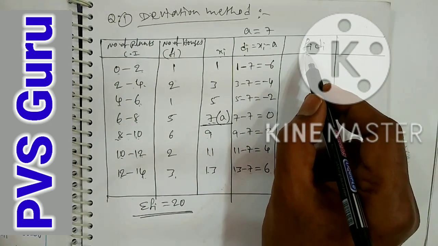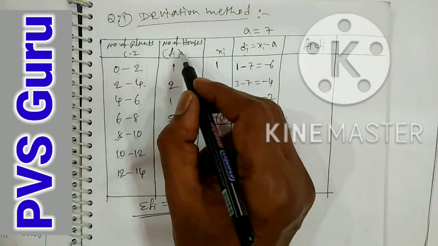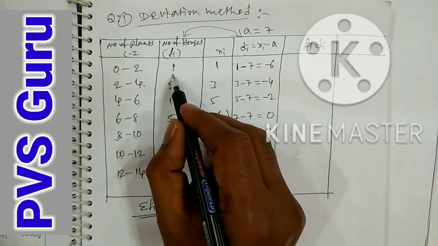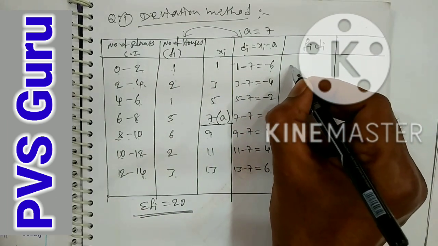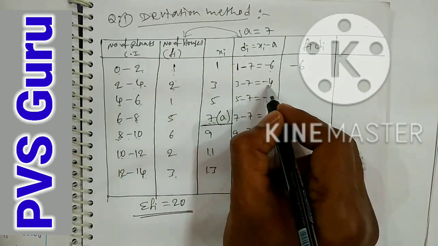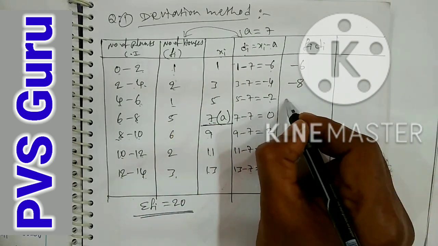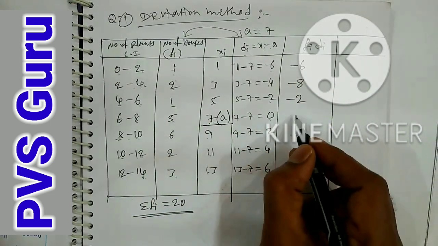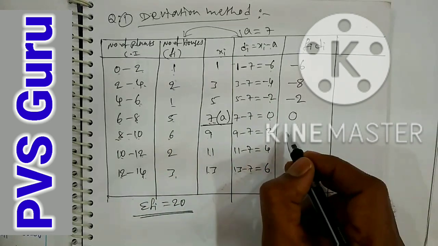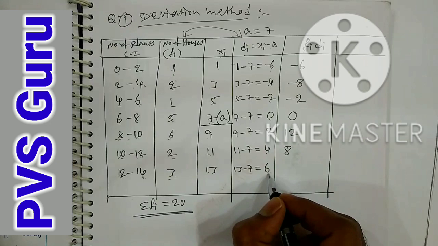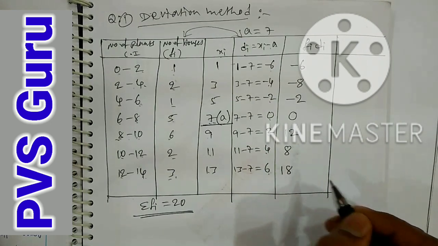Now you find Fi into Di; multiply these two. So 1 into minus 6 is minus 6. 2 into minus 4 is minus 8. 1 into minus 2 is minus 2. 5 into 0 is 0. 6 into 2 is 12. 2 into 4 is 8. 3 into 6 is 18.